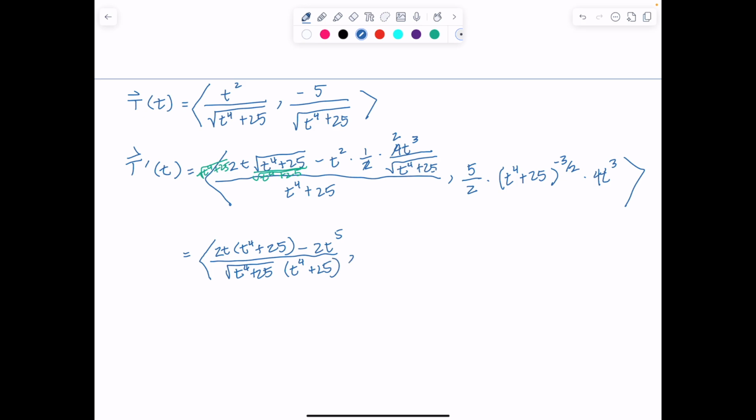For the next component, the 2 divides out some of the 4, and so then we'll get 10t cubed over t to the fourth plus 25 to the 3/2.